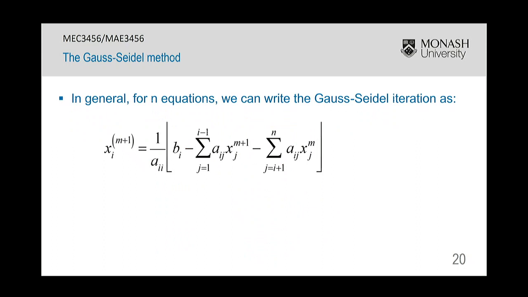So in general, just like we could for the Jacobi iteration, for n equations we can write the Gauss-Seidel iteration in a form that looks like this. This is just an indicial equation for all of the unknowns and vectors.